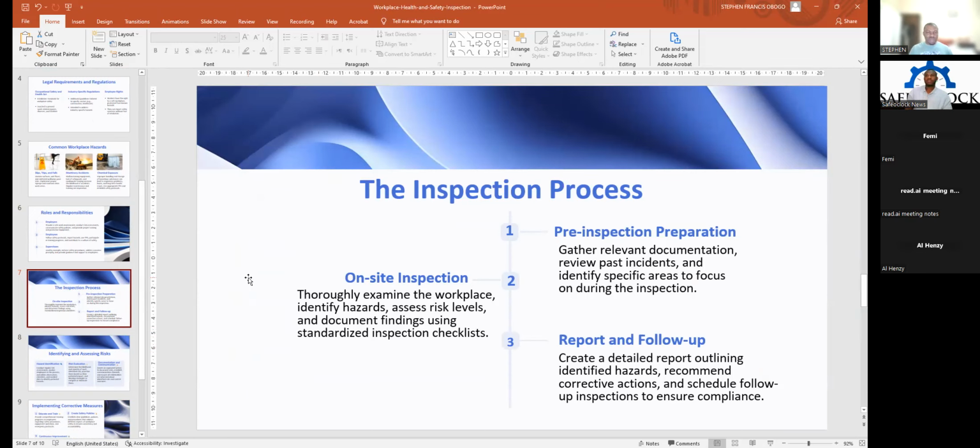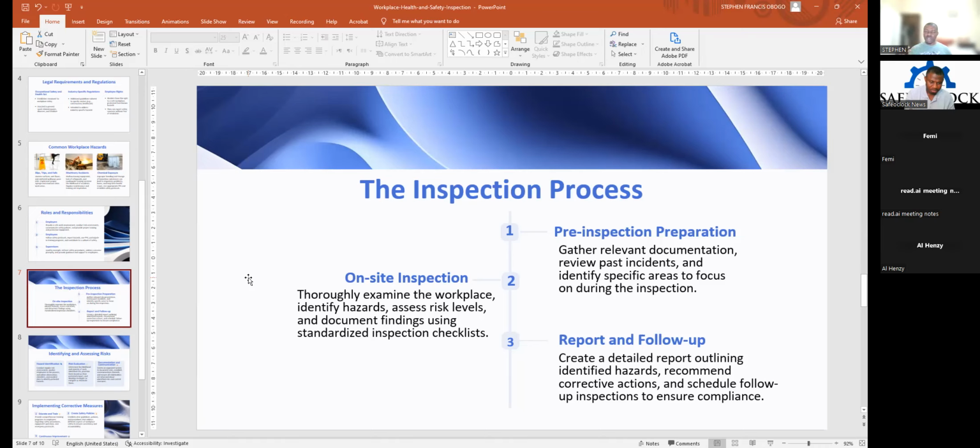So if you want to go for a site inspection, the pre-inspection preparation must be ascertained, where you gather relevant documentation. You have to review even past inspections, past incidents. We have to identify some specific areas of focus based on probably the last inspection, where there were maybe weaknesses or lapses, to be able to focus.